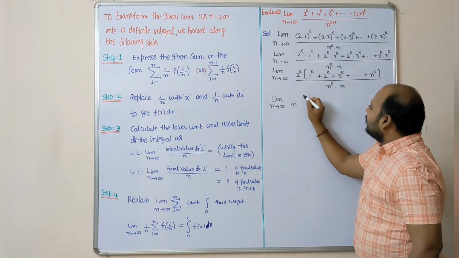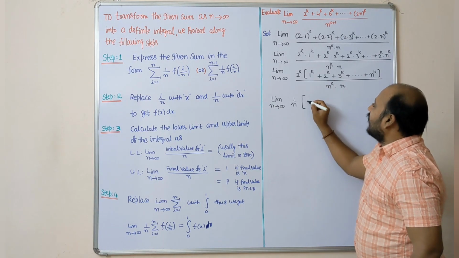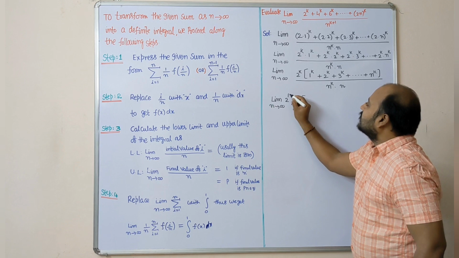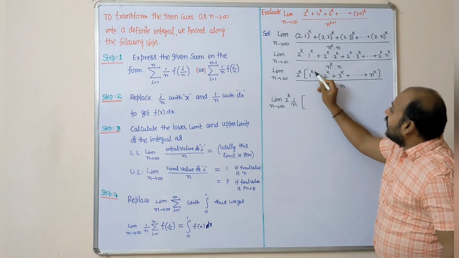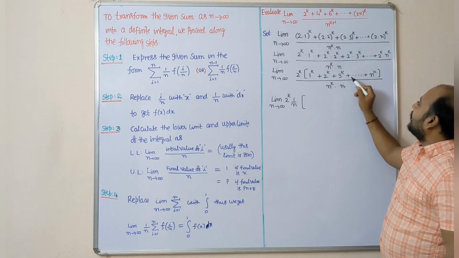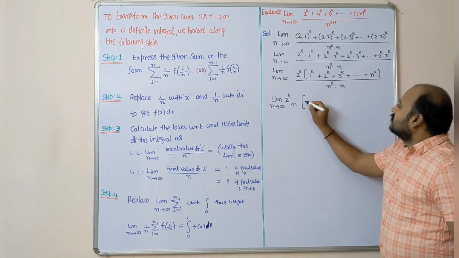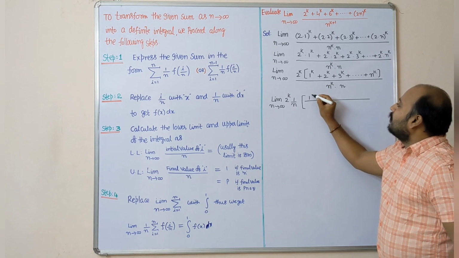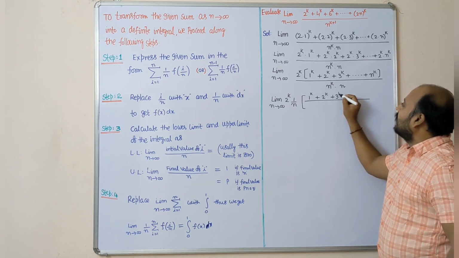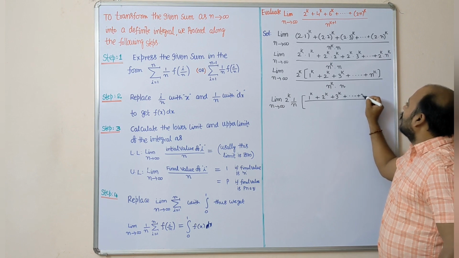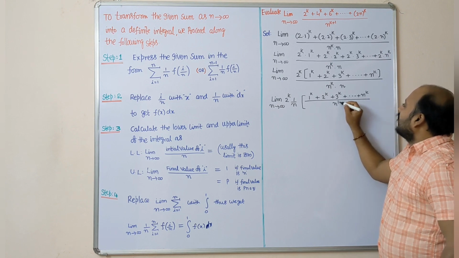The remaining, 2^k is also there, so you write 2^k separately. Here 1^k plus 2^k plus 3^k and so on n^k, all divided by n^k.